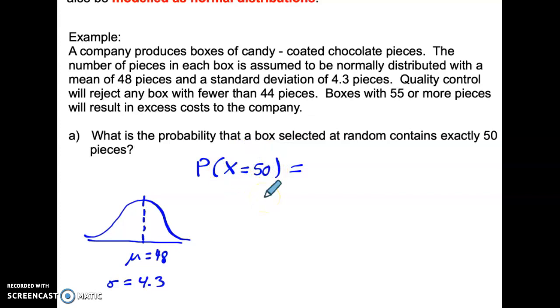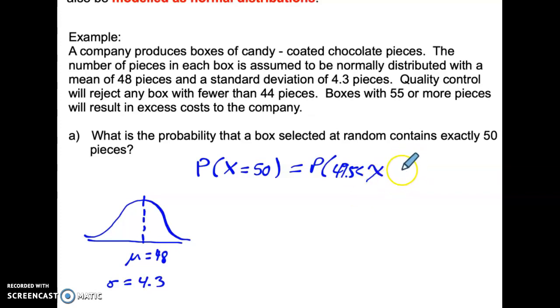Okay. So what we need to do is turn it into a continuous variable. And the way we turn it into a continuous variable is we change it into the range of numbers that would round to 50. So if we think about numbers that would round to 50, 49.9, 49.8, 49.7, okay? And in fact, anything bigger than 49.5 would round up to 50.